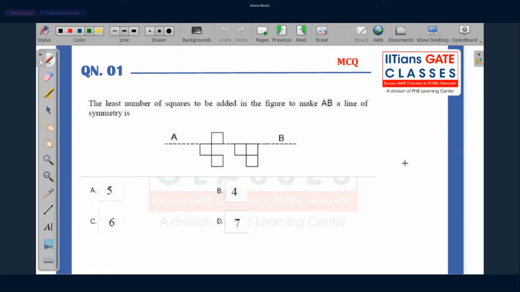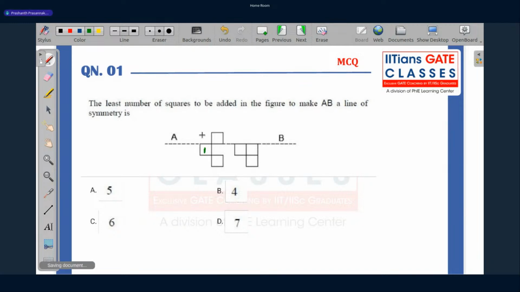Okay. So the first question: the least number of squares to be added in the figure to make AB a line of symmetry. Let's just flip this image. This box over here, let me mark it as 1 only.